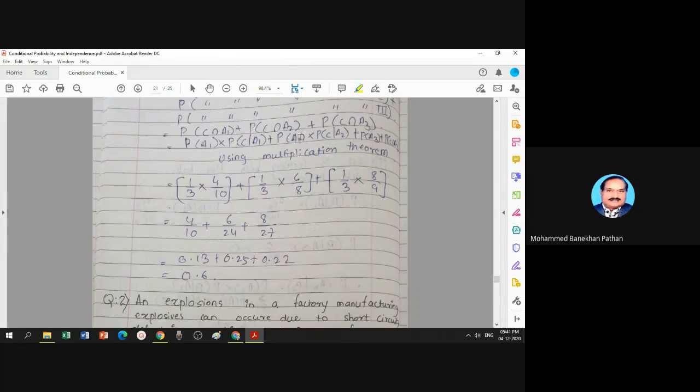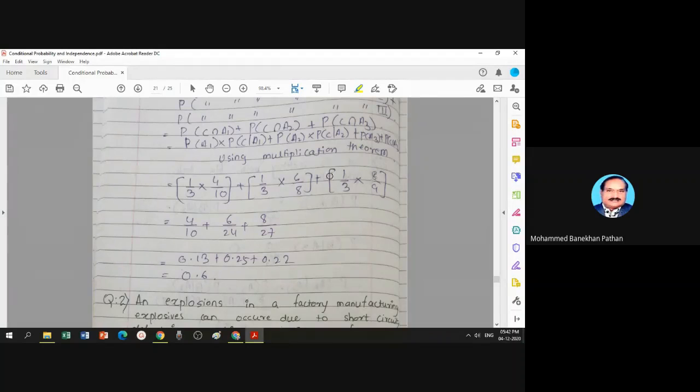Plus chance of getting A2 into red from A2, 6 by 8. Plus chance of getting A3 into red from A3, 9 balls, 8 red.